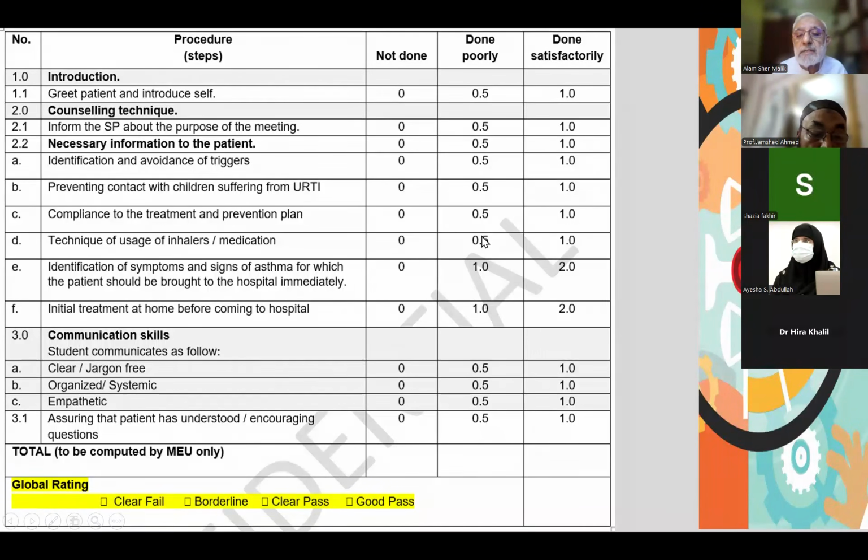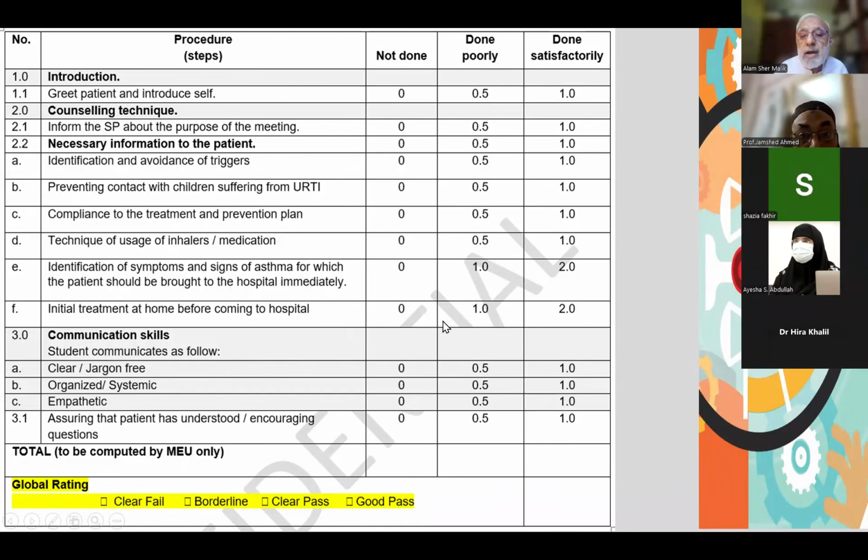One of the reasons for not totaling is that if I total, then my global rating would be affected. So I give marks, and then I also record whether overall, as an examiner, my assessment is that the student is a clear fail, a borderline pass, a clear pass, or a good pass.